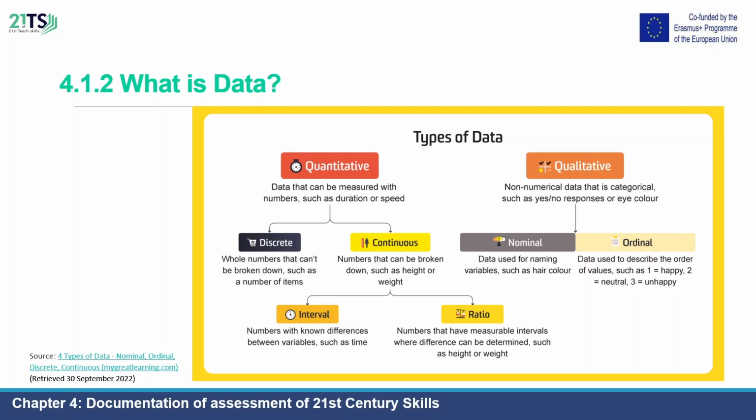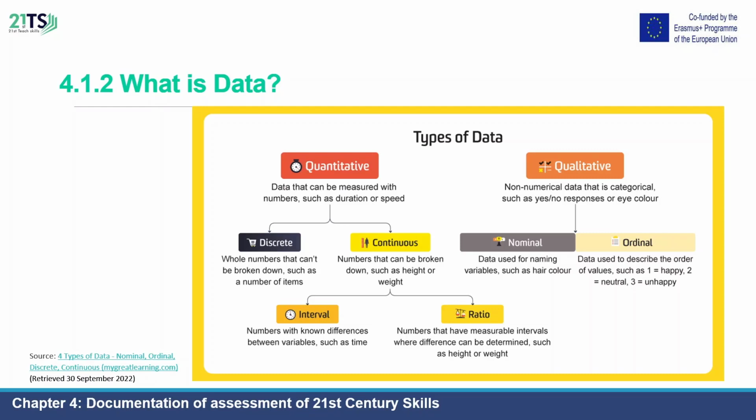In the category of quantitative data, data can be measured with numbers, such as duration or speed. So these can be categorized into discrete data or continuous data.